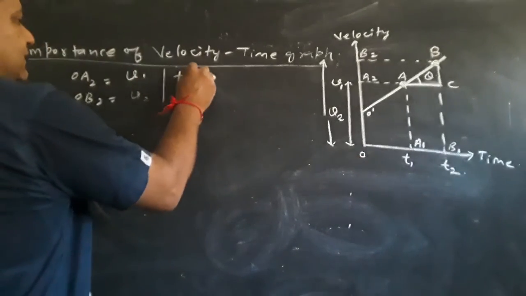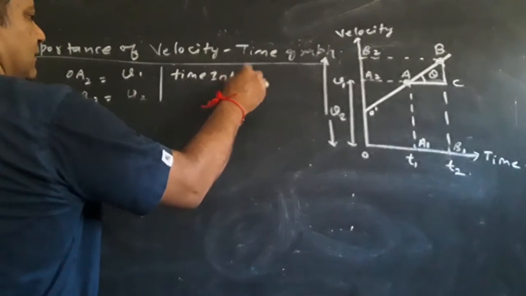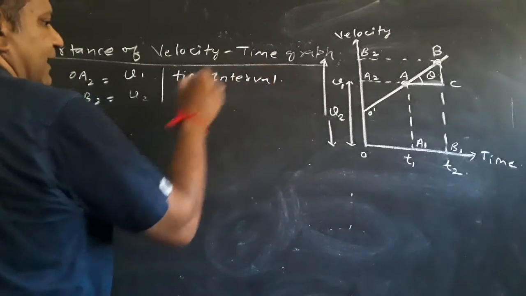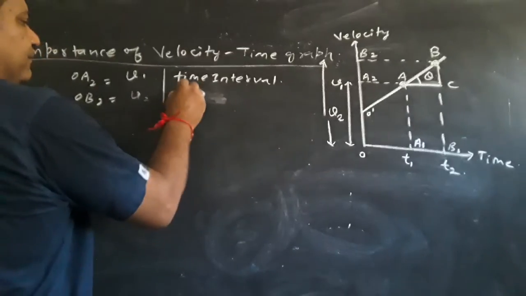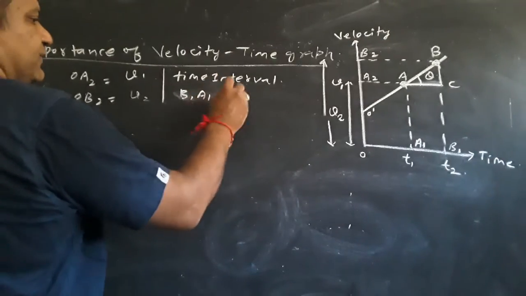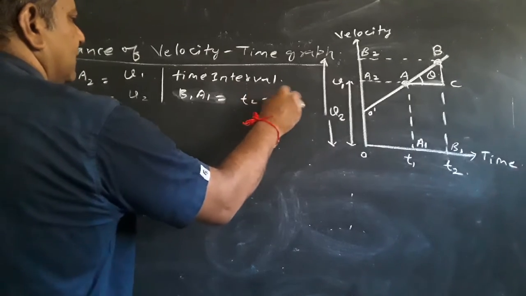So the time interval A1B1 is equal to t2 minus t1.